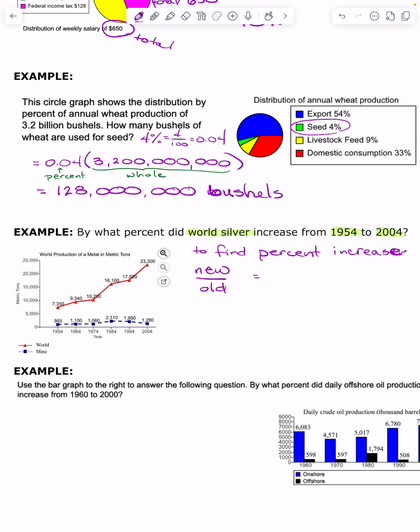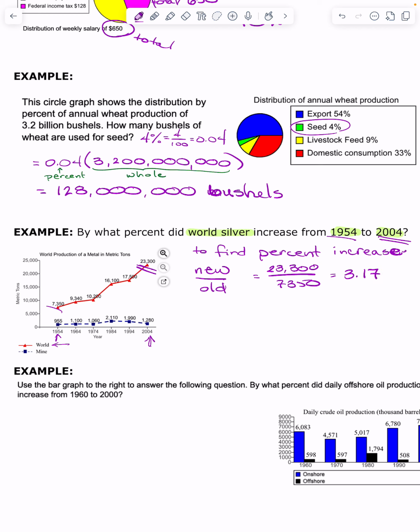So in 2004, here's our 2004, the world production of silver, again, we're down here, so we know that the red is our world production, is 23,300 divided by 1954. 1954 is right here, so 7,350. When we divide those, we get 3.17.